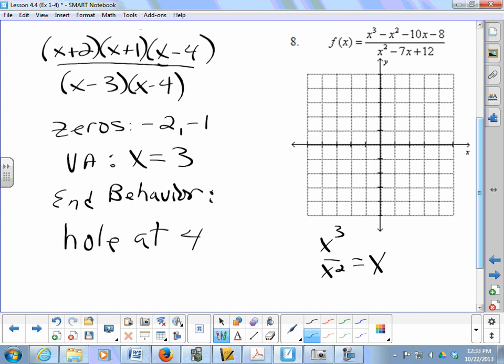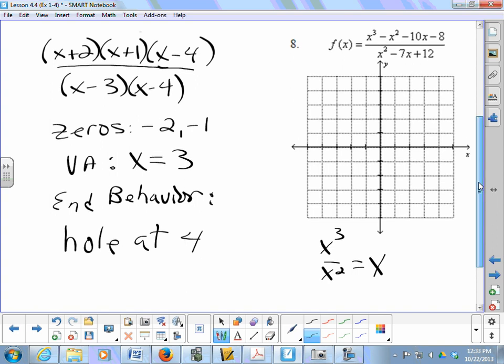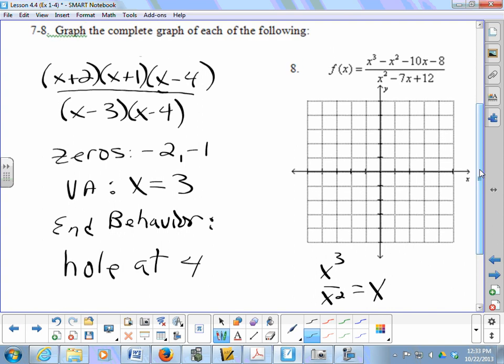Either long division or hopefully synthetic division works. Now in this case, we are in a good position because we have a common factor here, so I don't need to use these two. Those are canceled, they're gone.